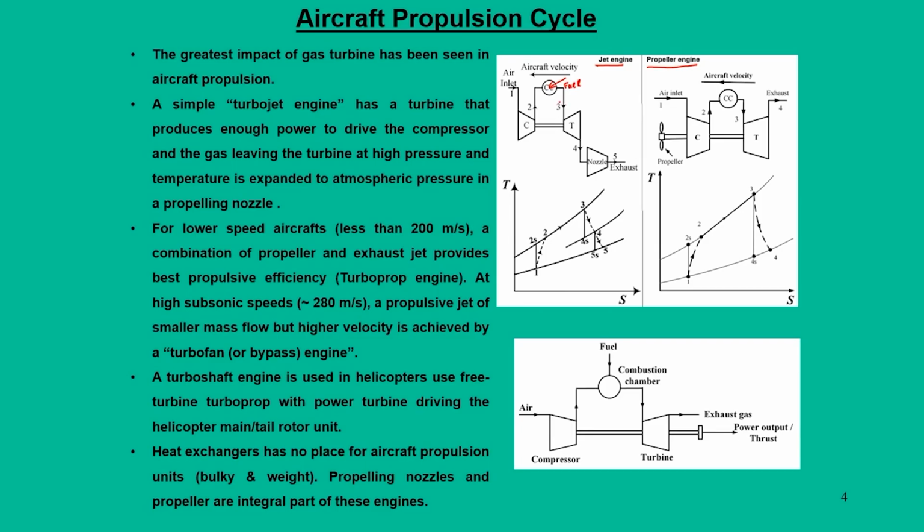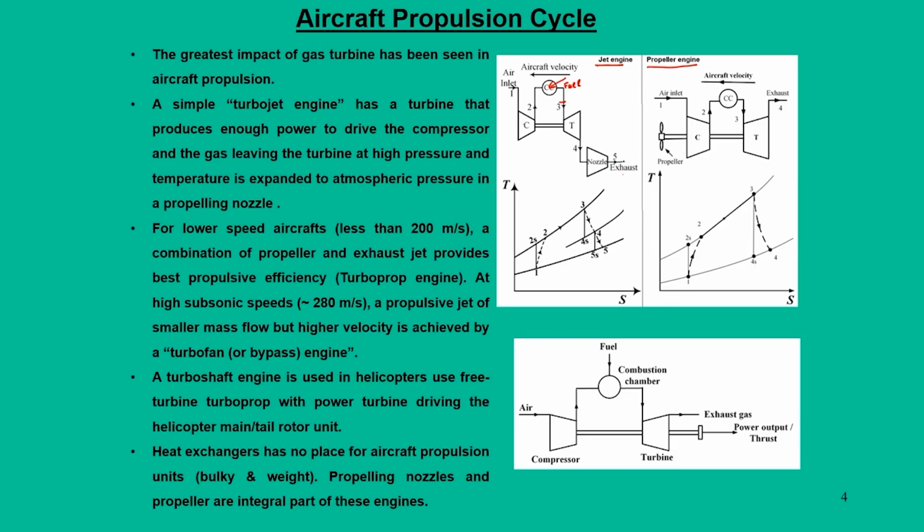We get the combustion product at state 3 and it expands. After expansion you do two things: whatever power is developed by the turbine is used by the compressor, and the remaining expansion of the gas is fed to a nozzle.